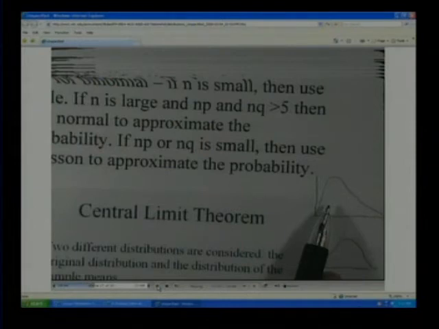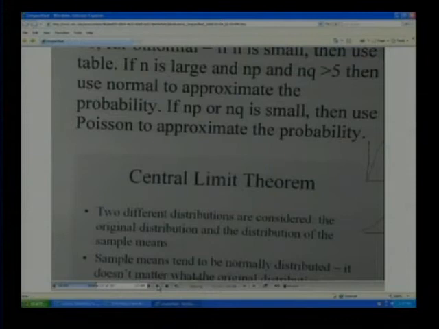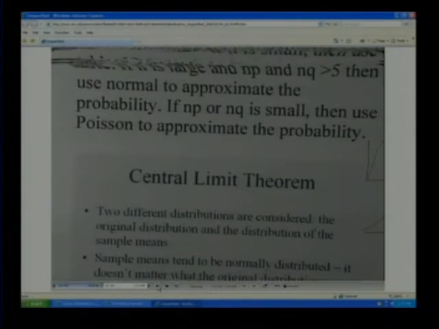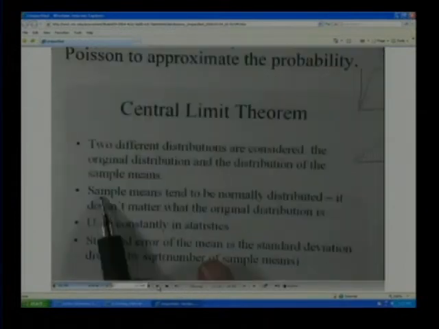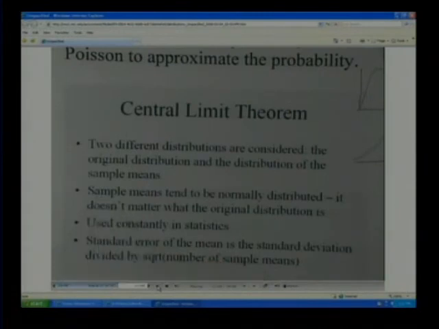The sample means tend to be normally distributed. It doesn't matter what the original distribution looks like. Well, there it is, you can see it on the screen. So the sample means tend to be normally distributed, no matter what the original distribution is. And this is something that's used constantly in statistics. We will calculate the standard error of the mean. That's the standard deviation divided by the square root of the number in the sample.